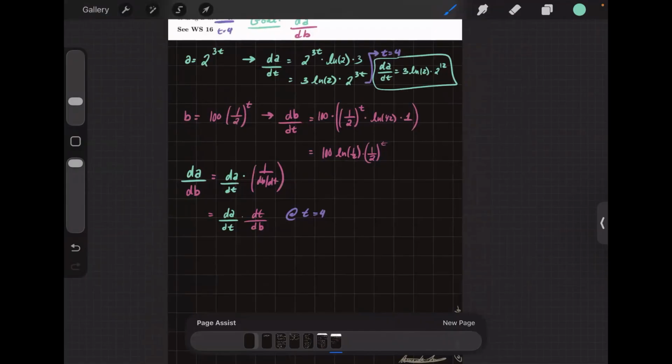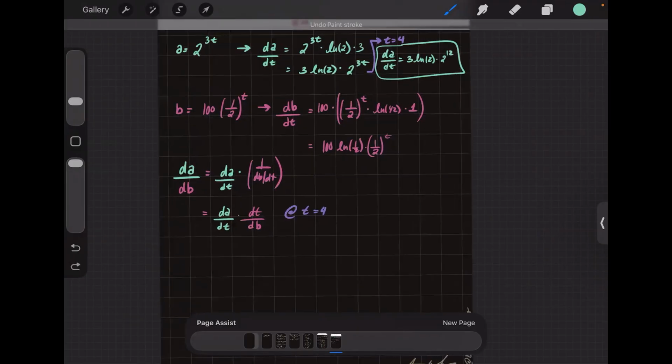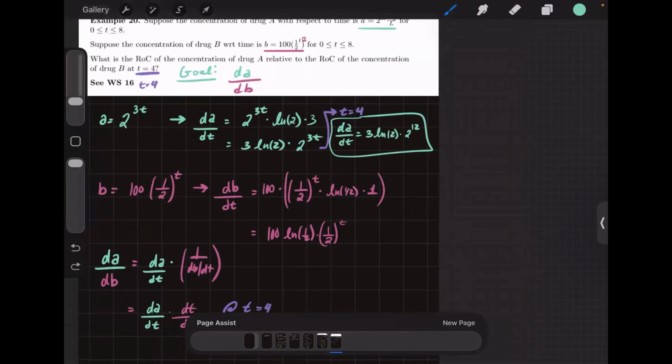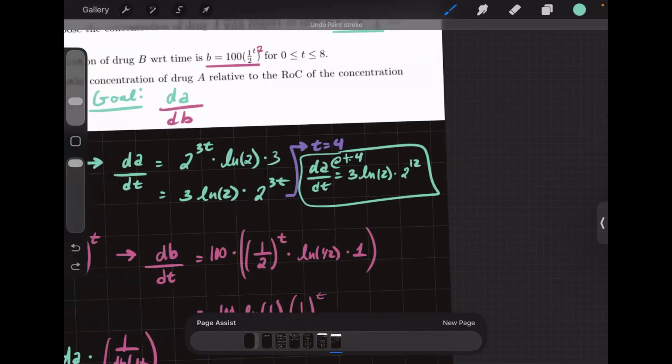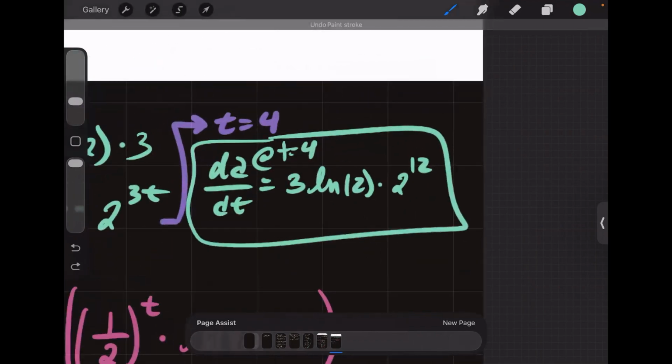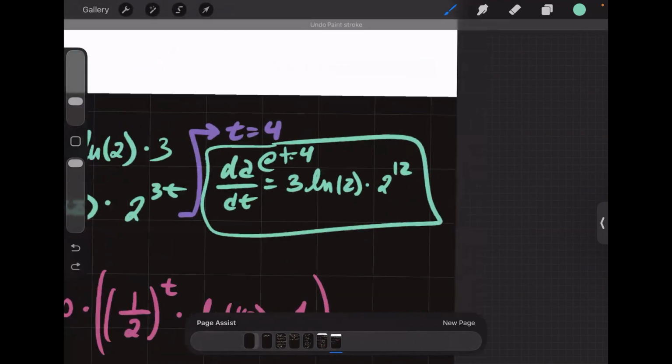I'm gonna box that in, because that's relevant down here. Please don't say that this is equal to this, okay? It's specifically at t equals 4, okay?